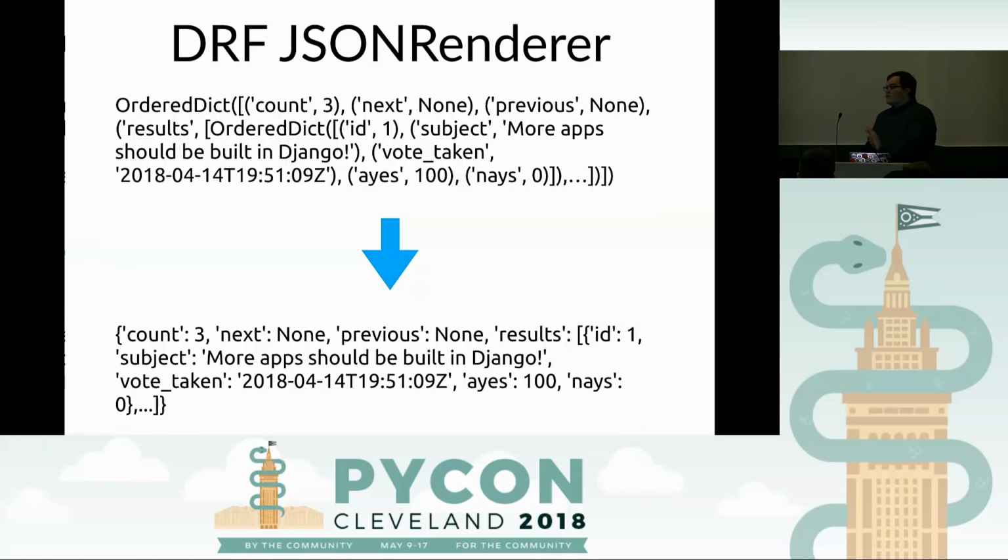You see it's an ordered dict, which has some tuples in it, and it's an ordered dict of ordered dicts, which has a list of ordered dicts because there's some pagination information that we're seeing here. And the renderer takes that and translates it into JSON. So you can see down below, instead of a Python representation of Python objects, we now get this much simpler JSON representation of JSON dicts and JSON lists.